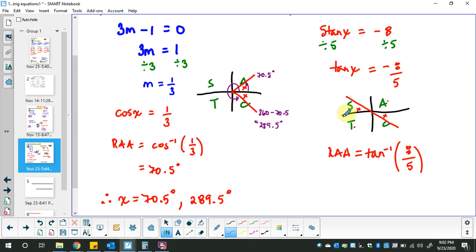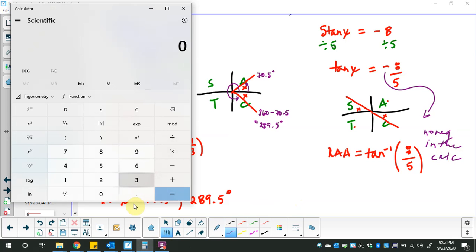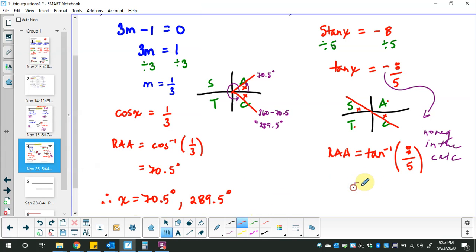You don't use the negative in the calculator. So I'm going to punch that in. I'll show you why in a sec. 8 divided by 5 equals, trig second function tan, and I get 57.99, so that's 58.0 degrees.